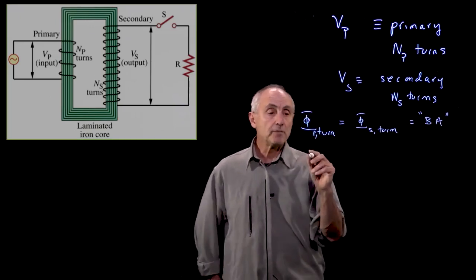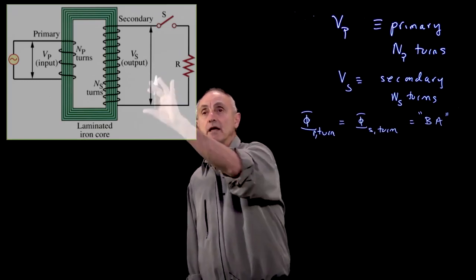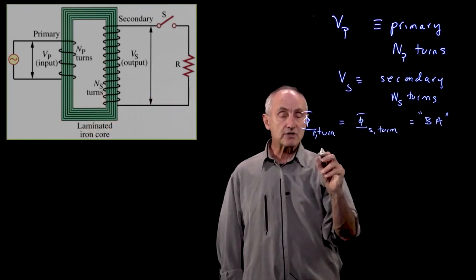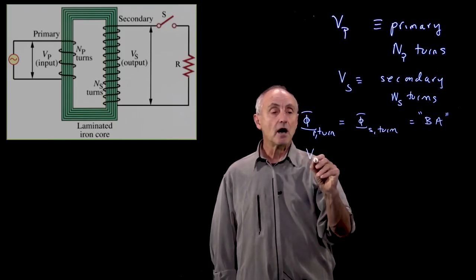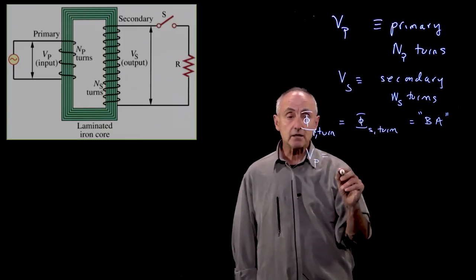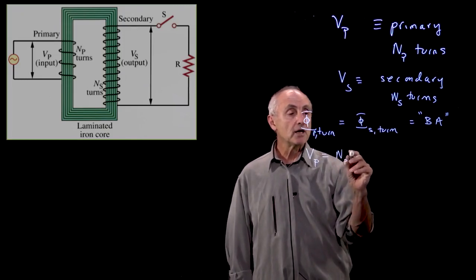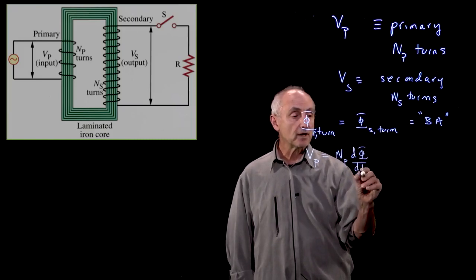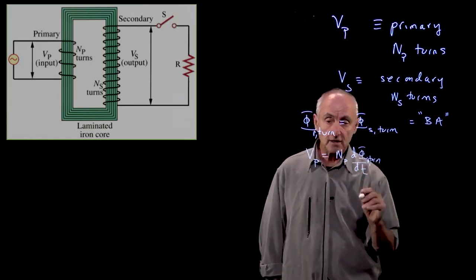Now, from Faraday's law, we know that we're going to generate an EMF on the primary side with N turns in the following way. The voltage is related to the number of turns on the primary times the rate of change of the flux through one turn on the primary side.